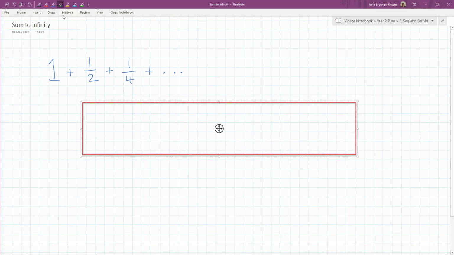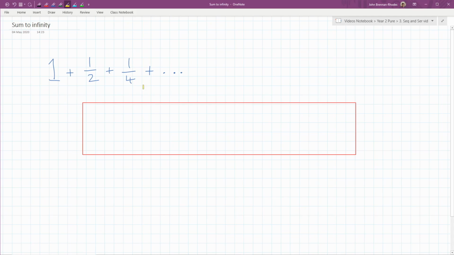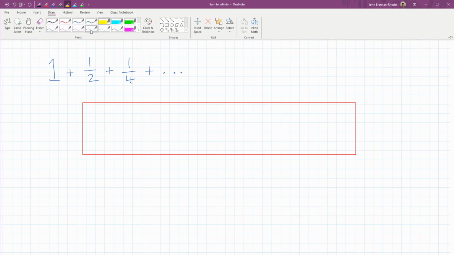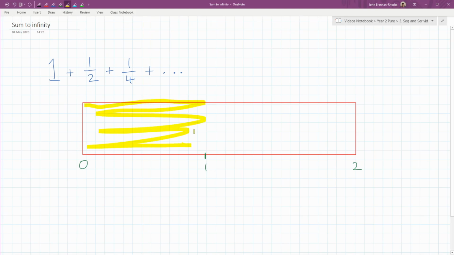Say that I had this box, and I'm going to say this box is too wide. So here's 0, think of it as a number line, here's 1, and here's 2. Firstly, I'm going to add 1, so that takes me up to here. That's the 1 done.